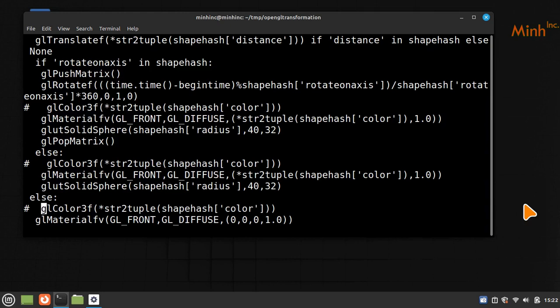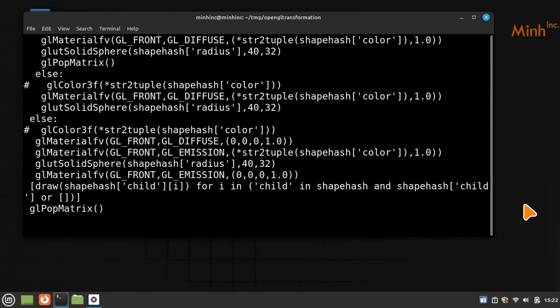Before it does GL pop, we call the function again. This way its children get the translation and transformation, whatever it is doing in the context of the parent. So once one parent is done, then GL pop is called. If the moon is there, for the moon there is no child, pop will happen, it will come back in Earth, and again pop will happen. So that way it works.